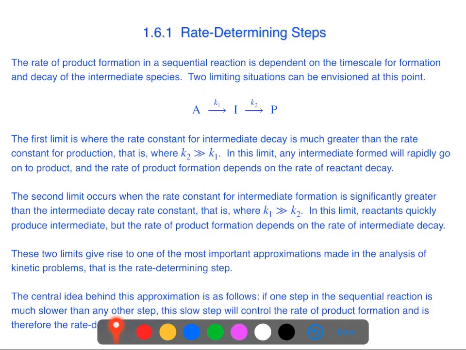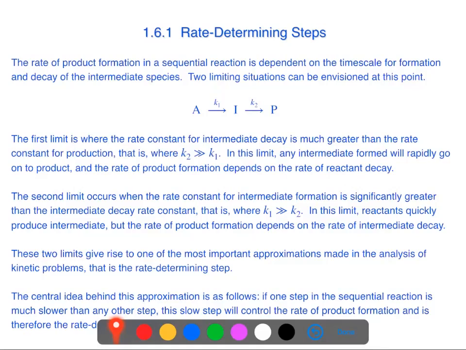that is, the rate constant with respect to the formation of the intermediate and the rate constant with respect to the decay of that intermediate. So the first limit is where the rate constant for the intermediate decay, that is K2, is much greater than the rate constant for the production of that intermediate.